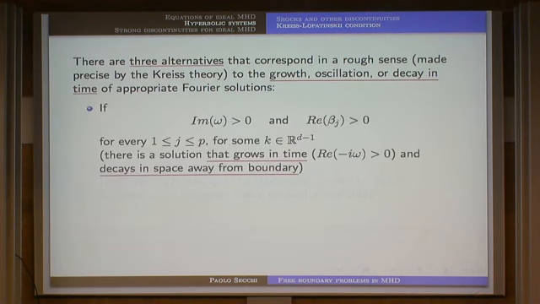First case, if the imaginary part of omega is strictly positive and the real part of beta_j is positive, so this is true for every j, we have a solution that grows in time because the coefficient of t, the real part, is strictly positive, and it decays in space because of the condition on the beta_j.